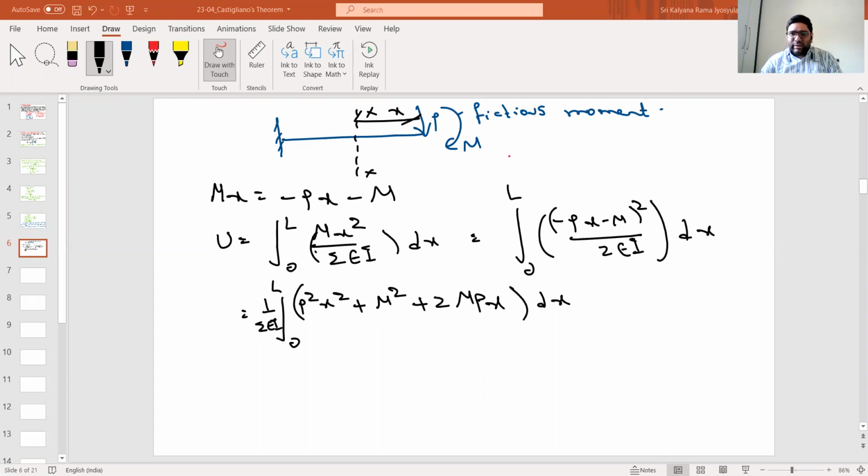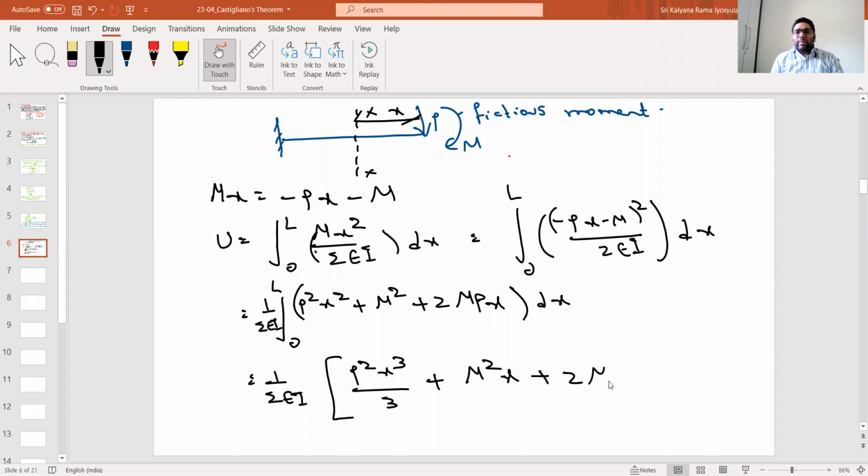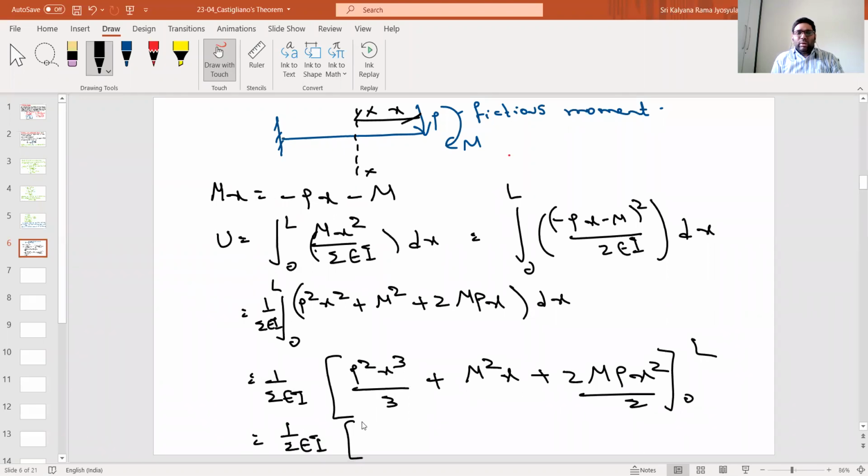Let us integrate it, and you will get 1 by 2EI into P squared x cubed by 3 plus M squared x plus 2MPx squared by 2, integrating from 0 to L. So that becomes 1 by 2EI into P squared L cubed by 3 plus M squared L plus MPL squared.